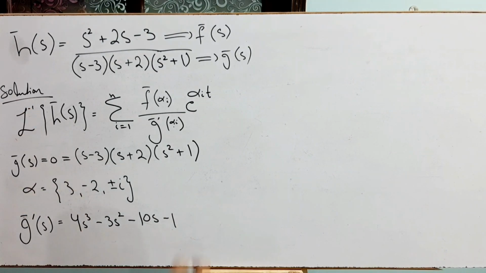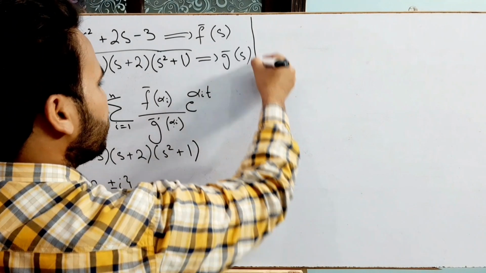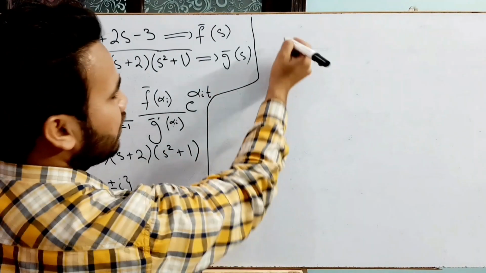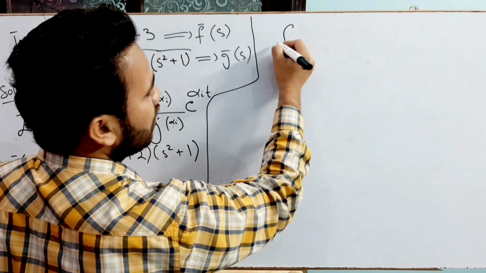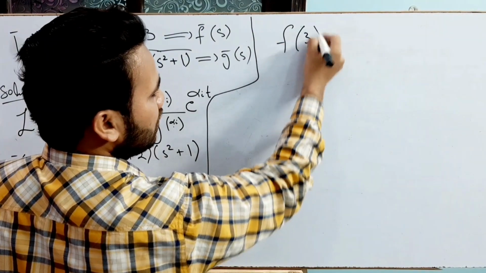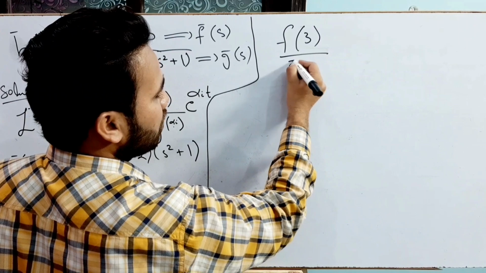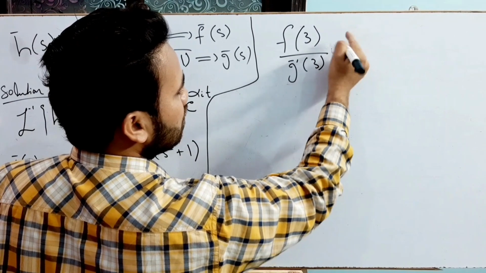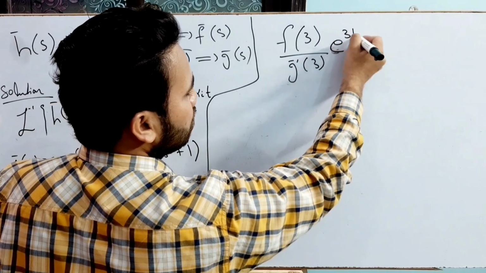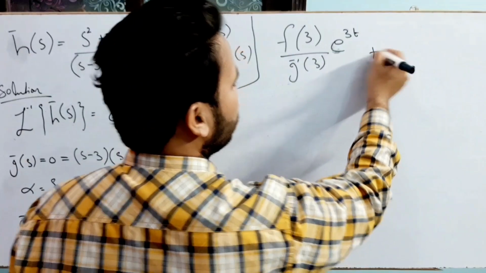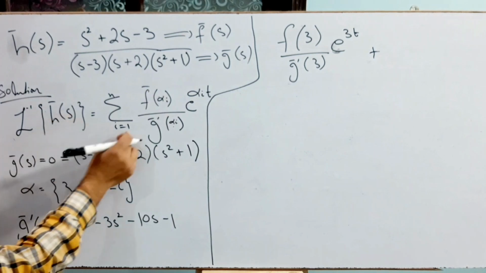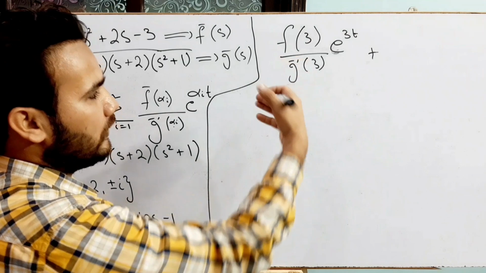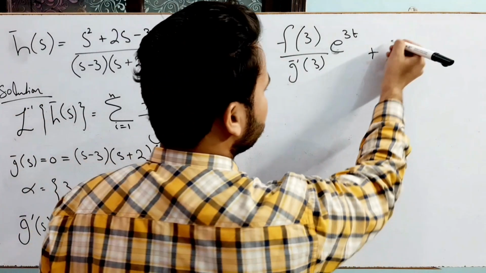Now we have all the things. We have to compute the result. From this, it means that f of 3 over g bar prime of 3 times e power 3t is the first term, plus, because we have n as 4, you can see here n is 1, 2, 3 and 4, we have only 4 terms here.